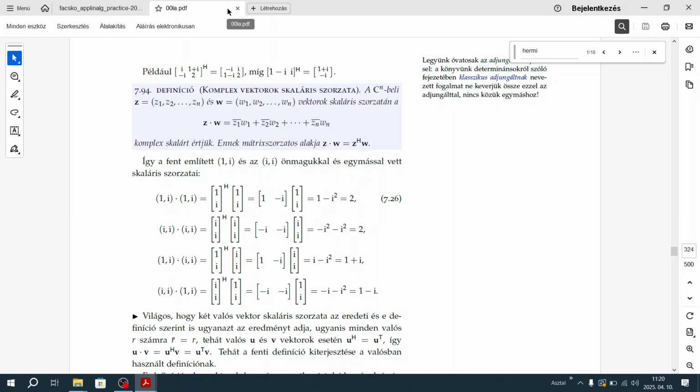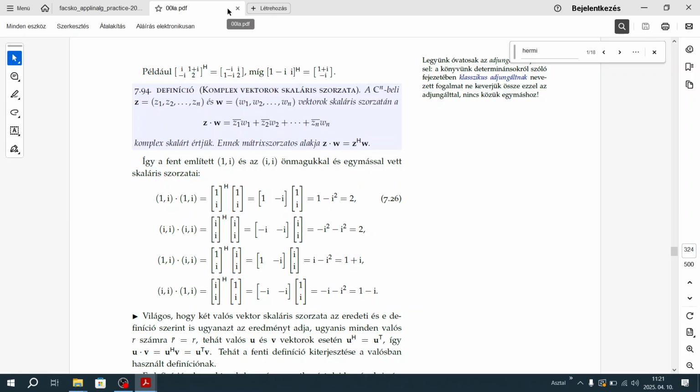Okay, I do it a different way. The conjugate of a real number is itself. The conjugate of i is minus i.